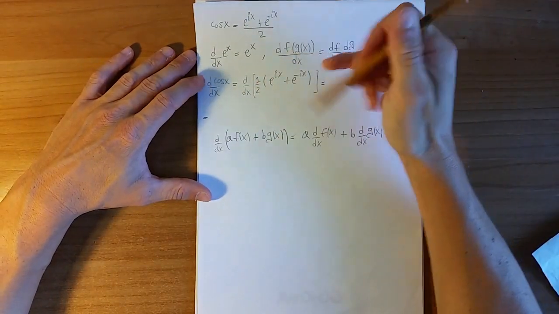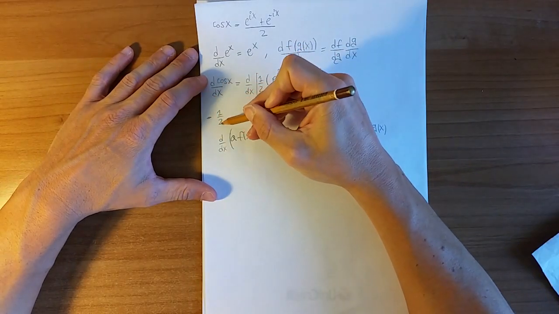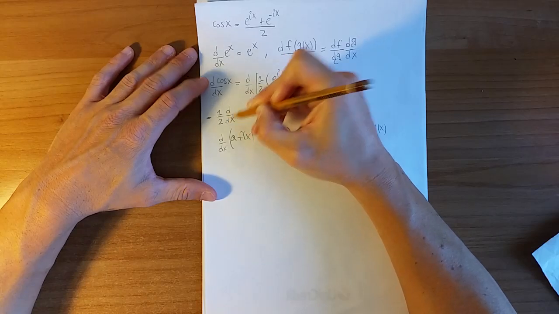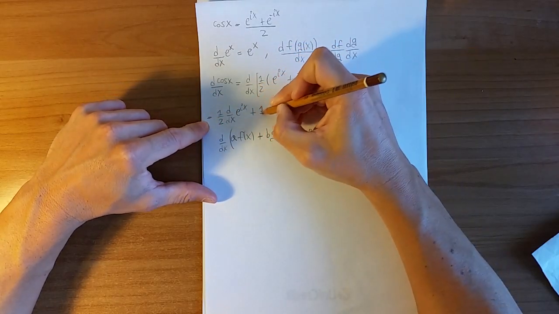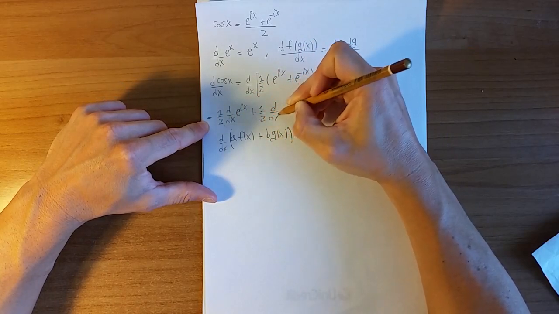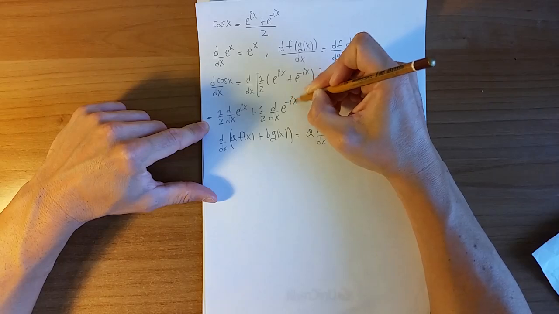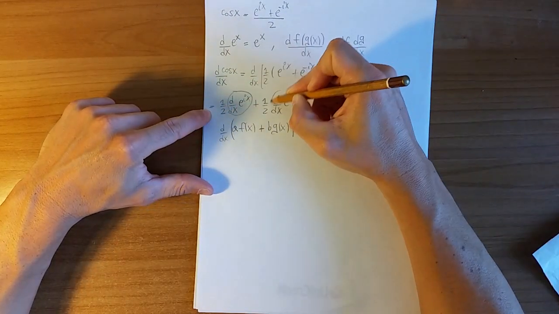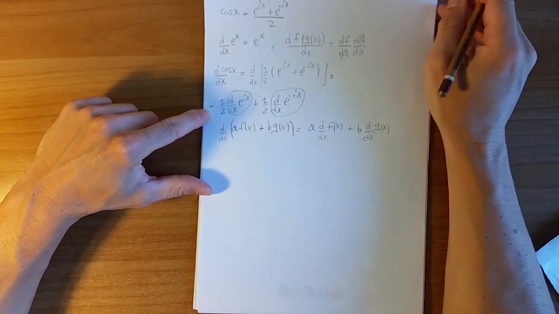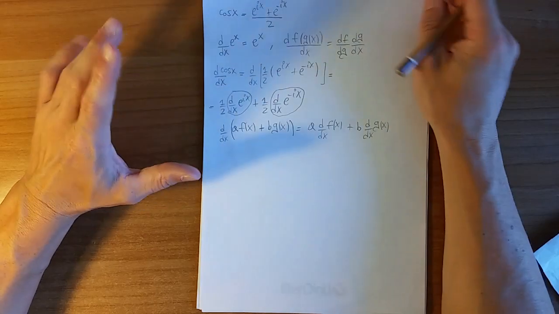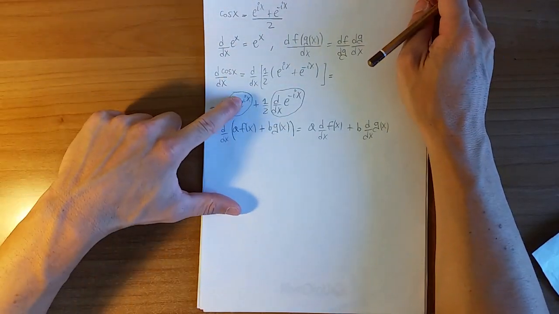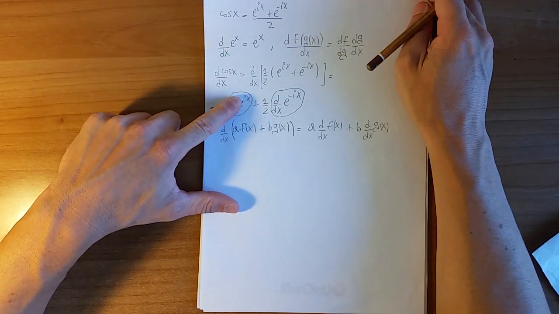If I use linearity, I can simply write 1/2 times the derivative with respect to x of e to the ix, plus 1/2 times the derivative with respect to x of e to the minus ix. Now, to compute these two derivatives, I will just use the chain rule, because this is pretty easy. I will treat i as just a number. Remember, i is equal to the square root of minus 1, so it's not really a number.